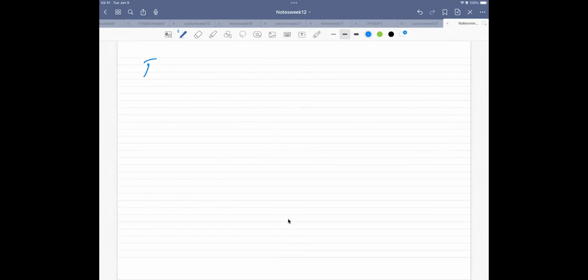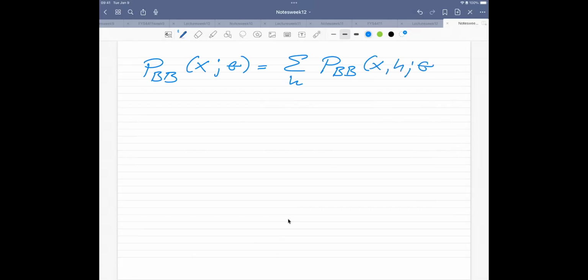What we want at the very end is this quantity P of x given theta, which is equal to the sum over all the h's of P of x, h given theta. Now, this is something which we can sum up. So let's do that. I want to give you the analytical expressions, because then we have the expressions which we are going to program when we implement Gibbs sampling.